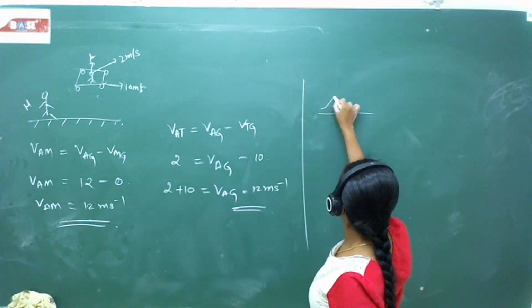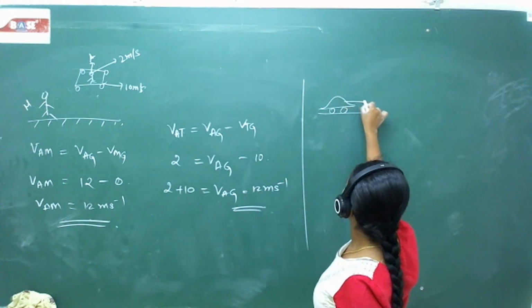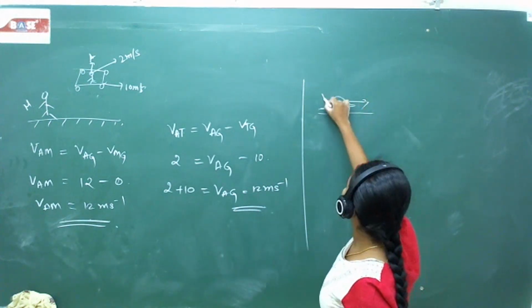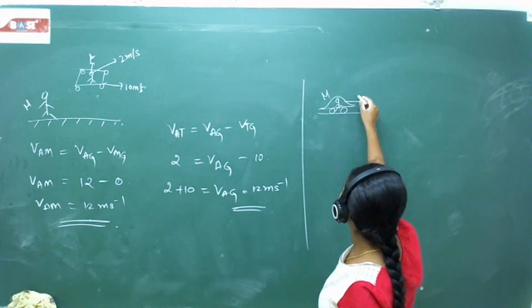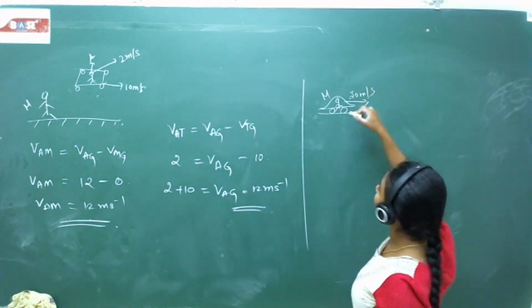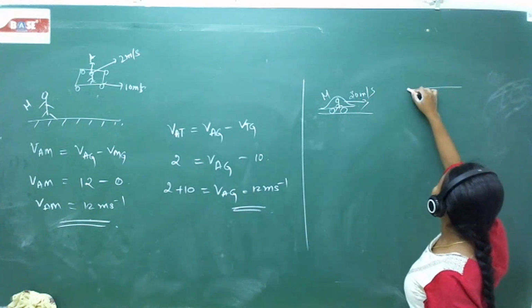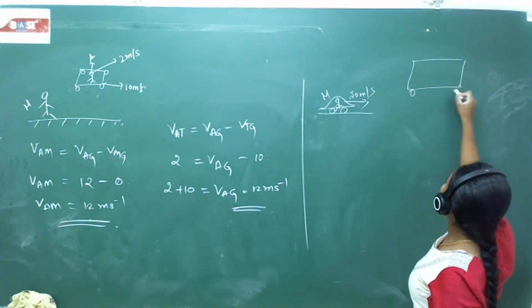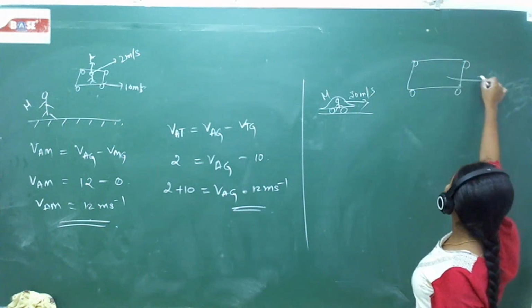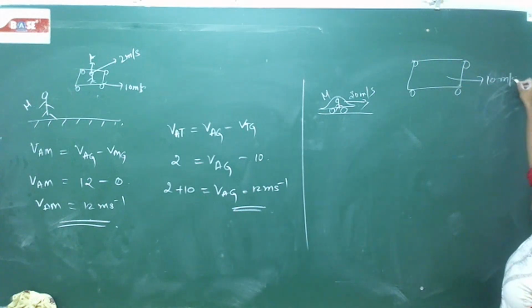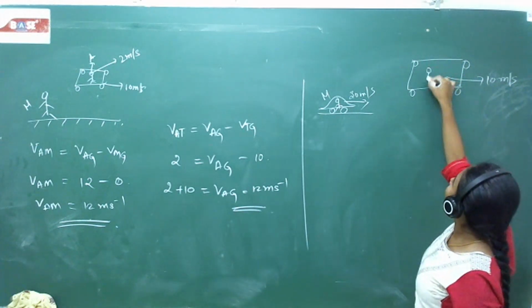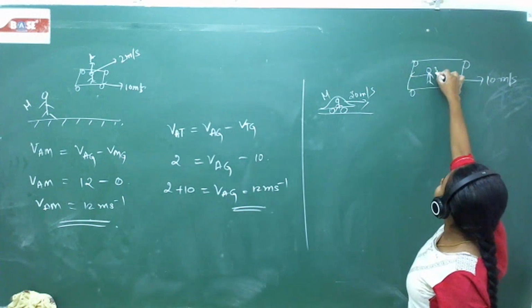Okay, this is a car on which the person M is moving with 30 meters per second, and there is a trolley which is moving at 10 meters per second, and there is a person on the trolley.